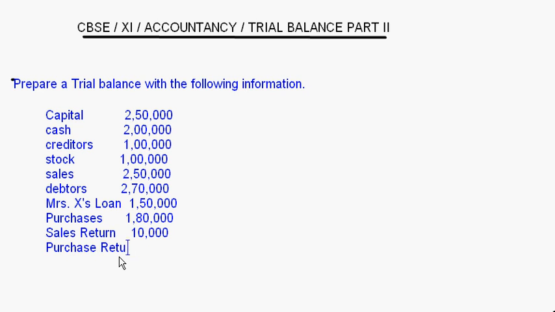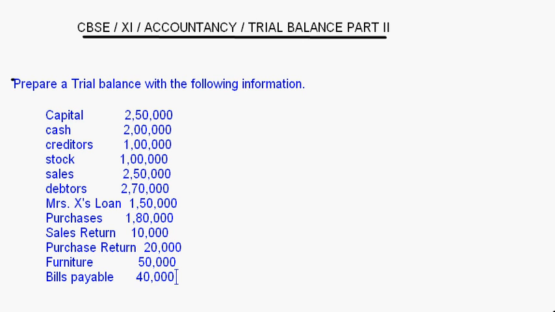Purchase return is 20,000. Furniture is 50,000. And bills payable is 40,000. This is the information that is given to us. We have to prepare a trial balance with this information.